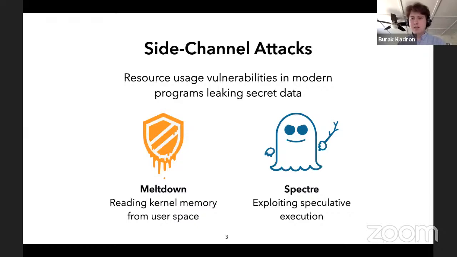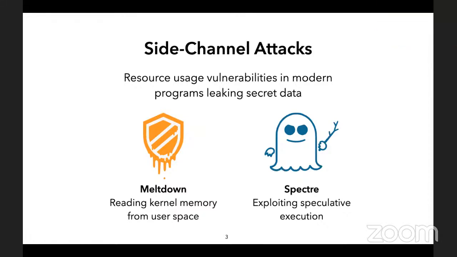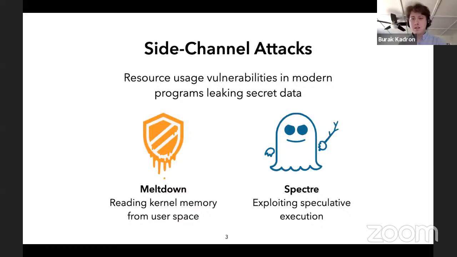Some examples are Meltdown and Spectre, where a malicious eavesdropper can observe the resource usage to read kernel memory or exploit speculative execution to get user information. We're interested in discovering software side channel attacks.